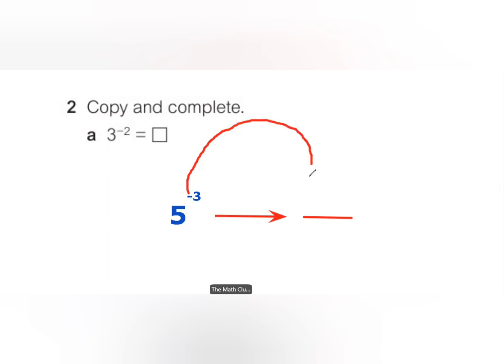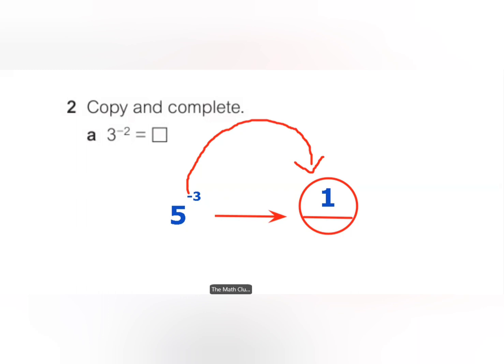So a negative power means a fraction with 1 in the numerator, so there's going to be a 1 here. A negative power means 1 over, so the numerator must be 1 in a fraction like this.